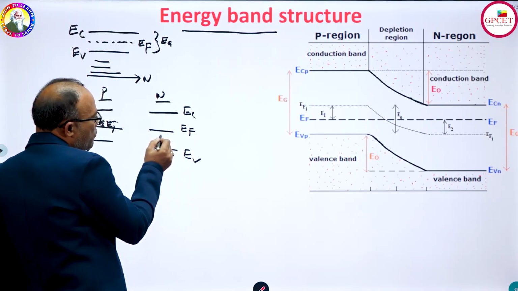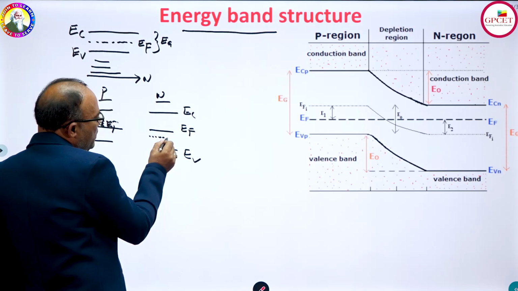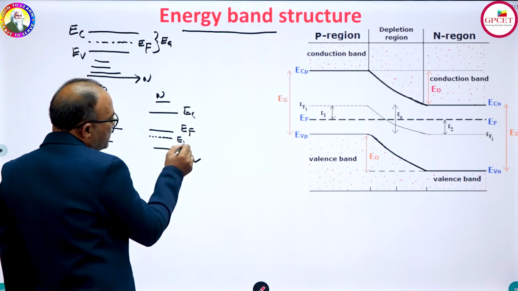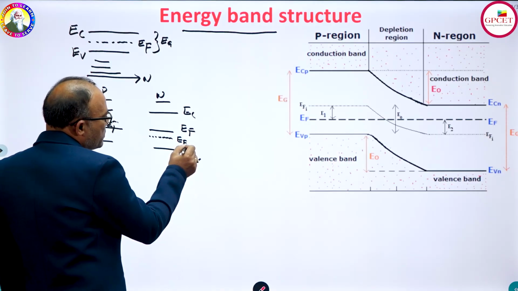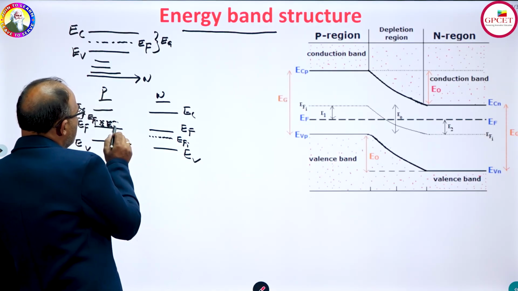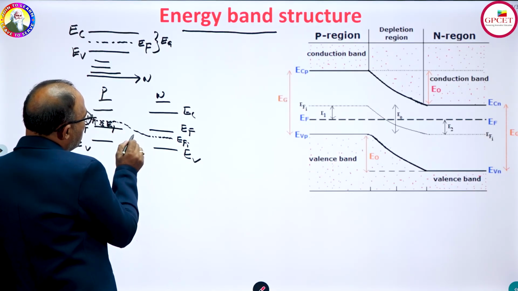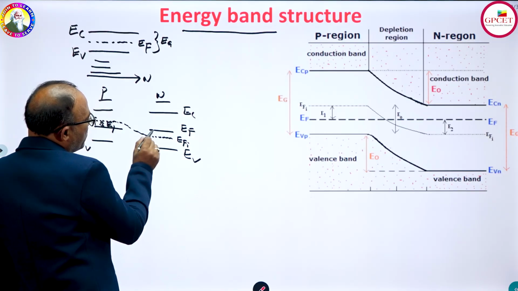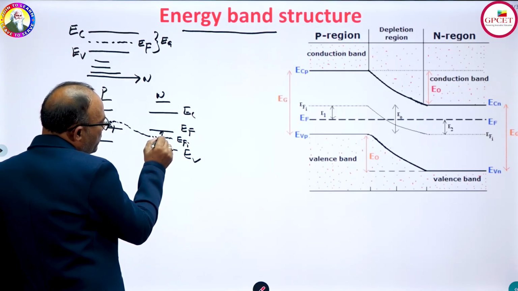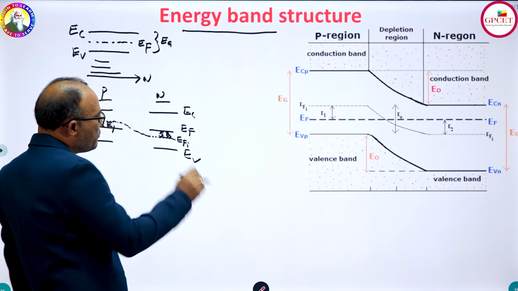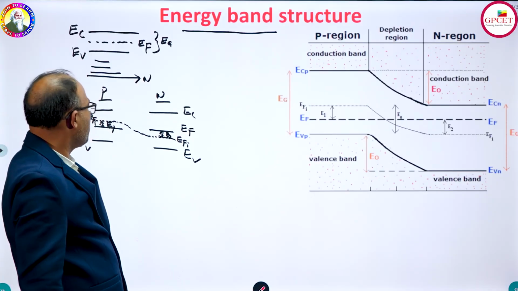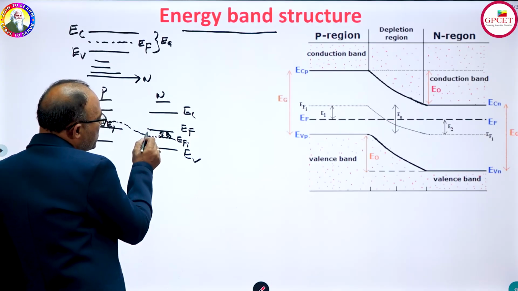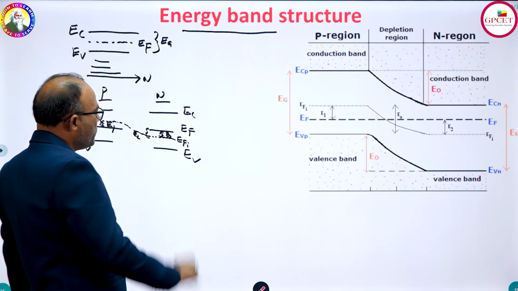It shifts downwards and this will become the Fermi level here, while the intrinsic Fermi level is the original one. So if you join these two, the Fermi levels will be like this. This is the shift in the Fermi level, given by E2. So E1 is the shift in the Fermi level for p-type semiconductor and E2 is the shift in the Fermi level for n-type semiconductor.